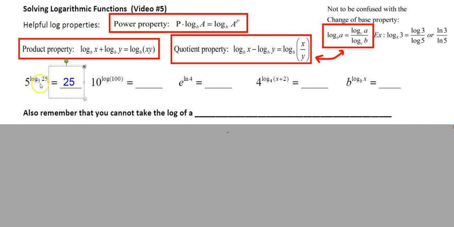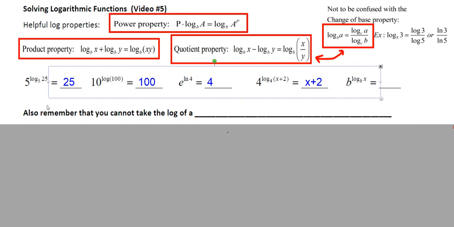So if these two bases match, the answers match. Because this is 10 to the log base 10 of 100, this would just be 100. This is e to the natural log of 4, which is e to the log base e of 4, so this is just 4. This is 4 to the log base 4 of x plus 2, so this is x plus 2. Now that's going to be helpful in solving equations. So in general, b to the log base b of x is just x.